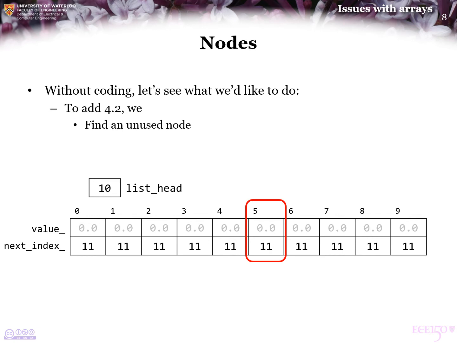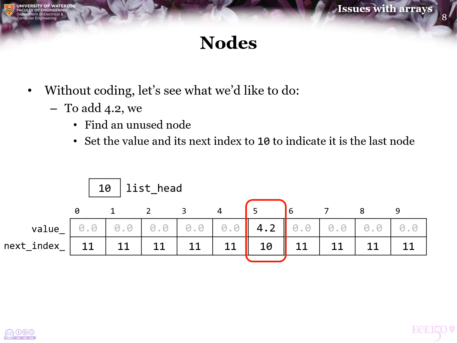All right, so here we have one. This is what the oracle returned. We will set its value to 4.2, and we will set its next index to 10. The capacity will indicate that that is the last node in the linked list, just like when list head was equal to 10, it indicated that the linked list had no entries in it.